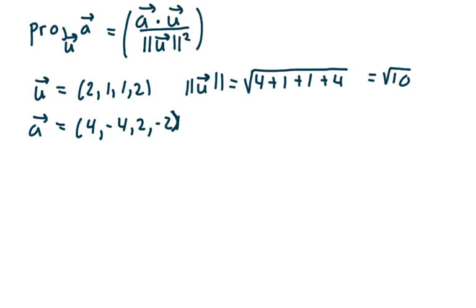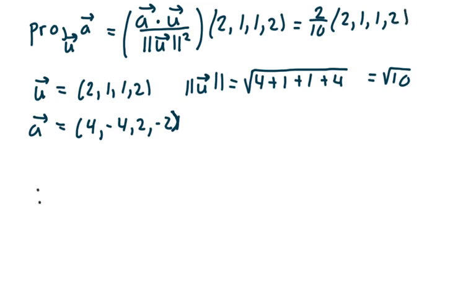So I'm going to take that scalar times the vector 2, 1, 1, 2. So this is 2 over 10 times the vector 2, 1, 1, 2.